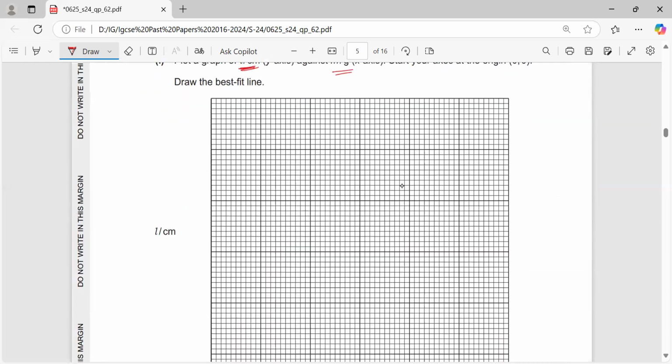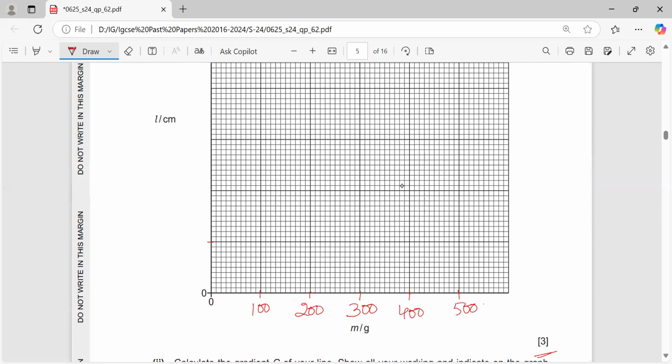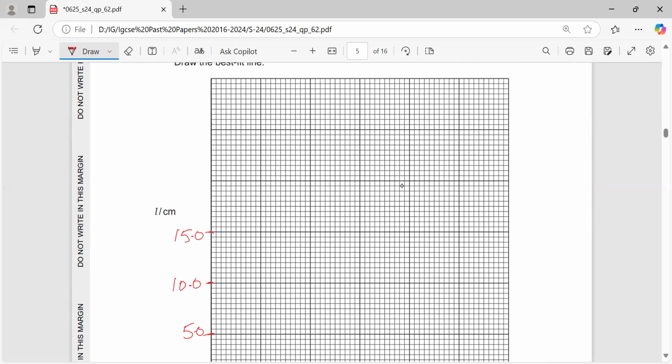I can go with 5.0 here, 10.0, 15.0, 20.0, then 25.0 also. Why so? In this way you have scored the first mark, because the data covers more than half of the grid on the y-axis as well as the x-axis.